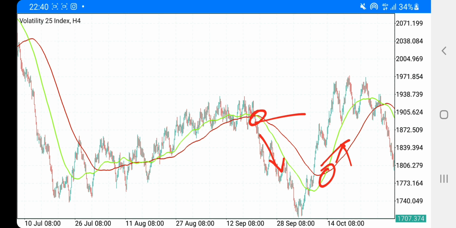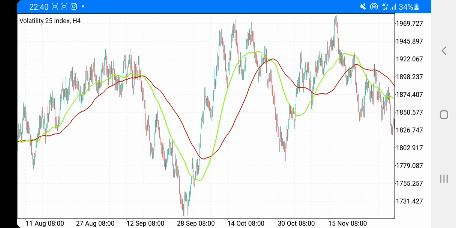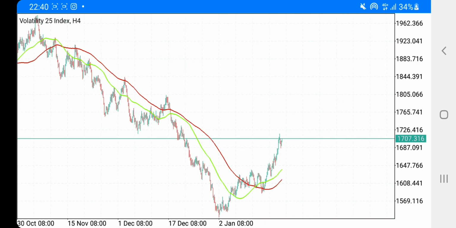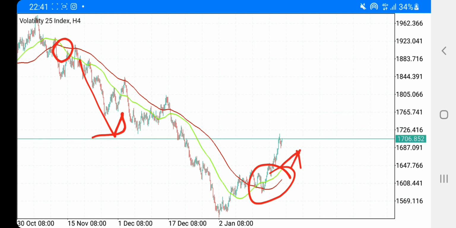So as you guys can see, this actually keeps happening throughout the market. As you guys can see, this right here is the most recent, where the green crosses the red coming downwards, and we have a bearish market. And now currently happening in real time, the green has crossed above the red moving average, and we are expecting an uptrend.